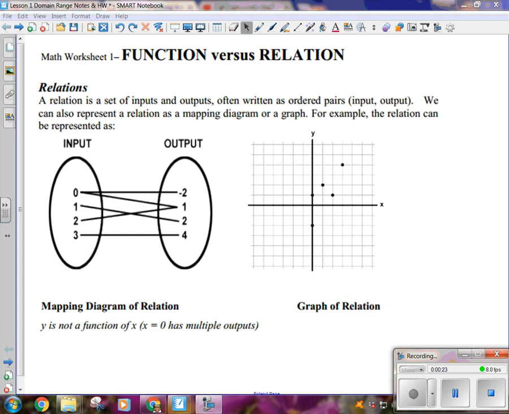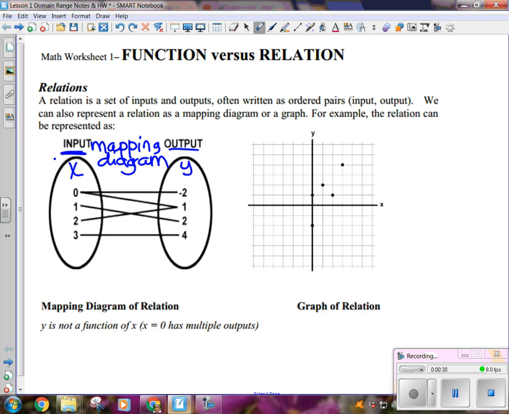The very first relation that I want you to be familiar with is called a mapping diagram. It's very simple. You'll usually see an oval for the x's, or the inputs, and an oval for the outputs, and then a line that makes the connection or shows the relation. In this case, we have 0 connected to -2.